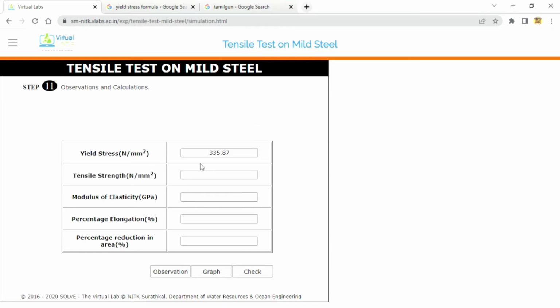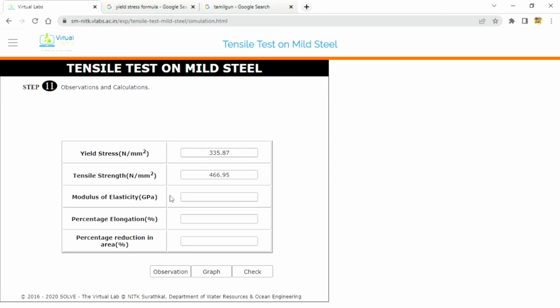And for the second one, tensile strength, the formula is ultimate load divided by original area, which is 57,000 divided by 122.07, we will get 466.95 N/mm².